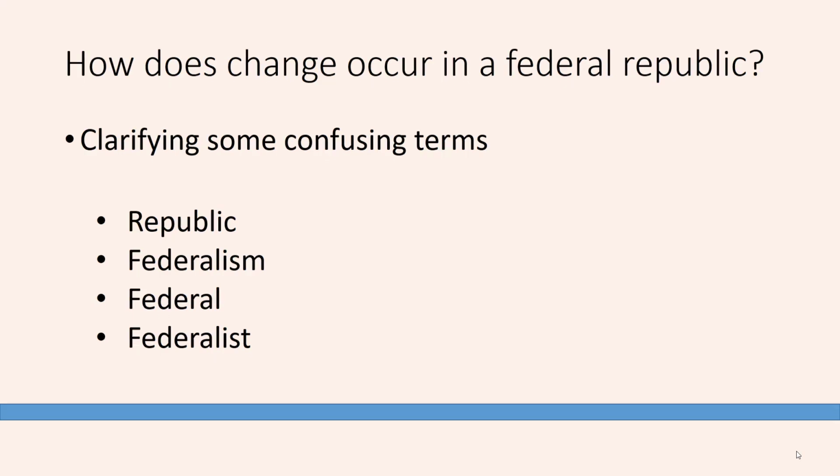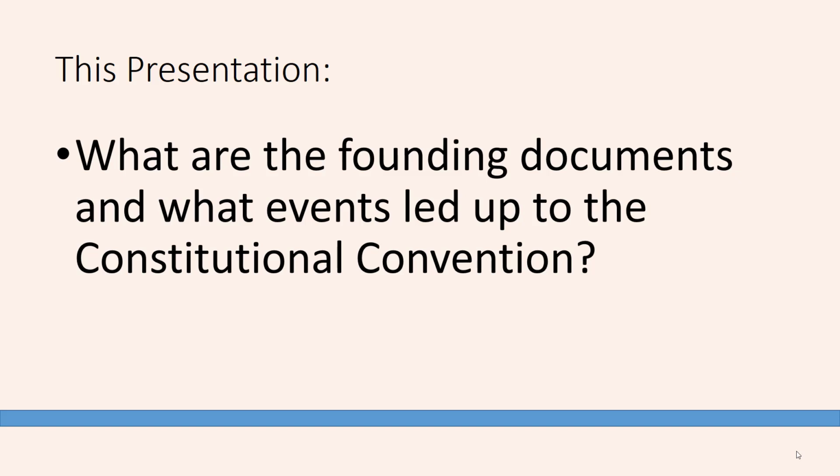Okay. Let me take you through this presentation here. This is what we're attempting to accomplish. I think I indicated this already, but what are the founding documents? There are 3 of them, maybe 3.5. There's another document that I'll discuss that is important, but no longer is instructive for us today, but an important document once upon a time.